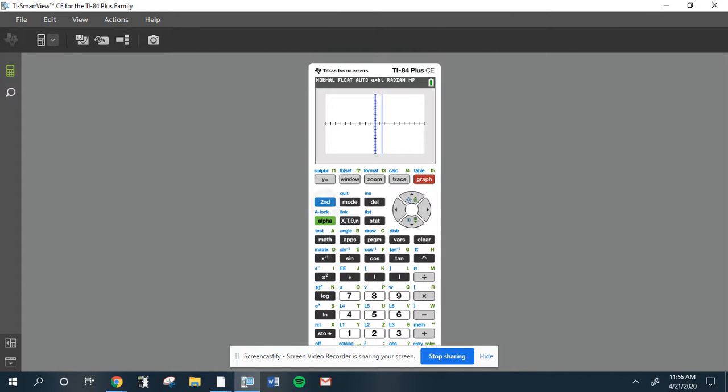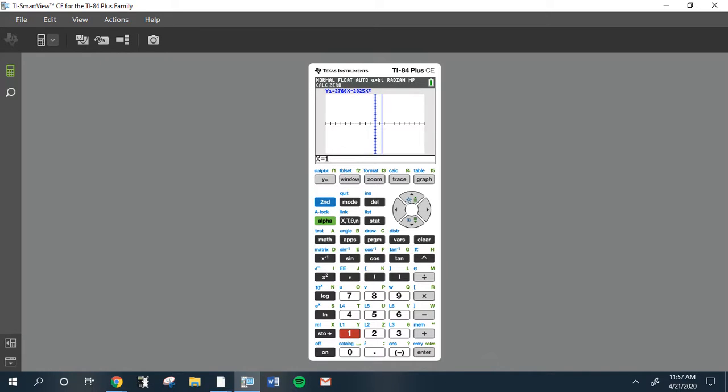So I'm going to go second calc, zero, and then left bound. It looks like it goes through 1 point something, so my left bound is going to be 1. My right bound is going to be 2. My guess is going to be enter.